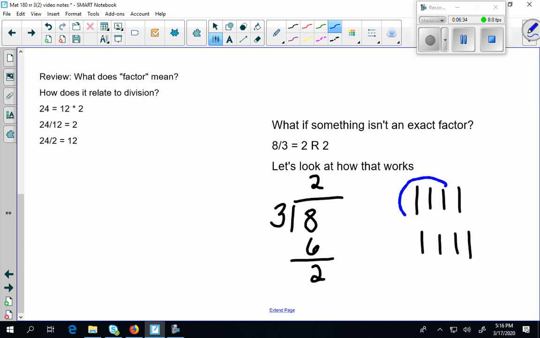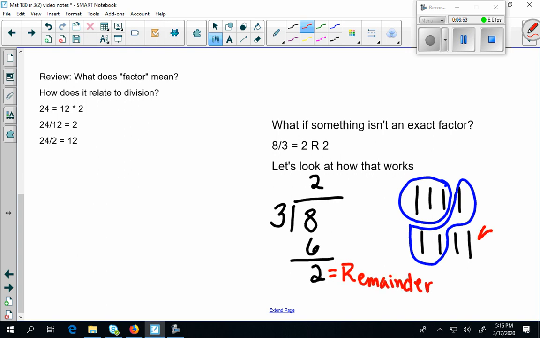Here's a group of 3, and here's another. Then I have some more left, and that represents the remainder.